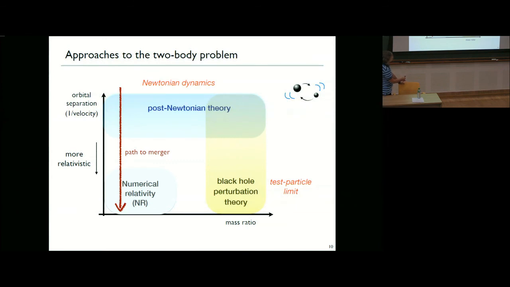Sometimes it's also called gravitational self-force, where you have a small object and you approximate it as a test particle in the 0th order approximation, but then you take into account the effect that it creates a space-time distortion due to its finite mass, because it's not exactly a test particle. And then what is the effect of that distortion on its own motion? That's called gravitational self-force.